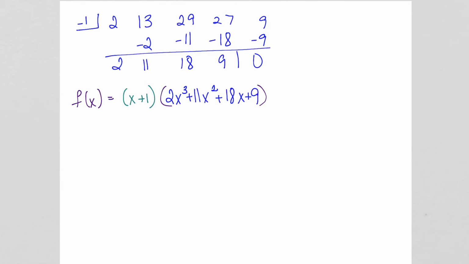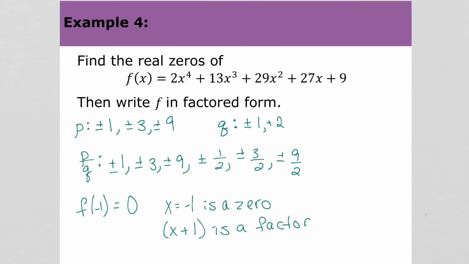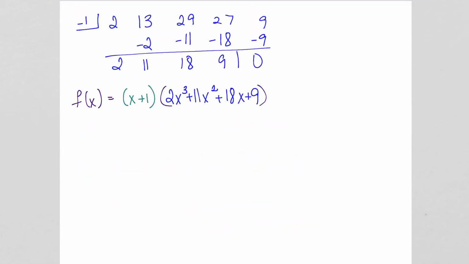Now, we've got this new polynomial basically, where x cubed is the degree, and we can't factor it easily. So what we do is the exact same thing all over again.